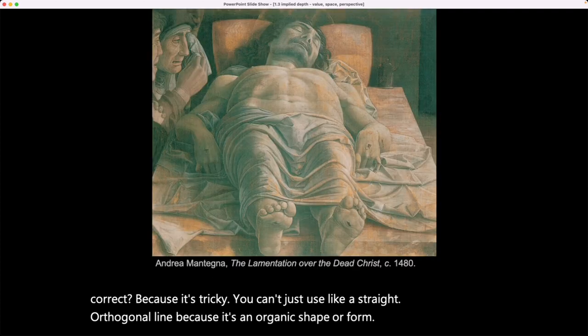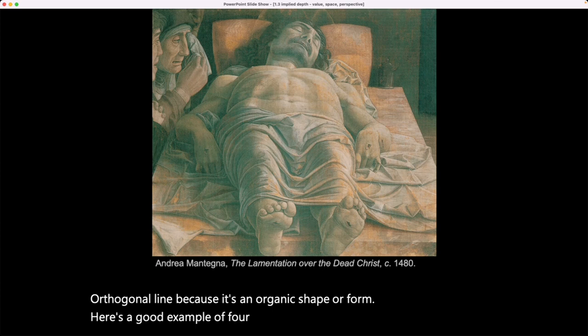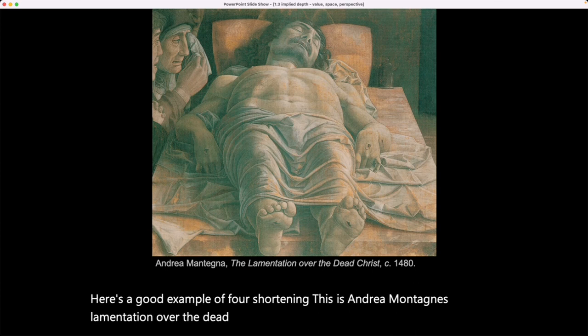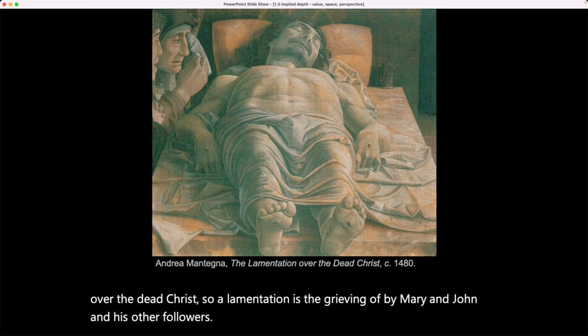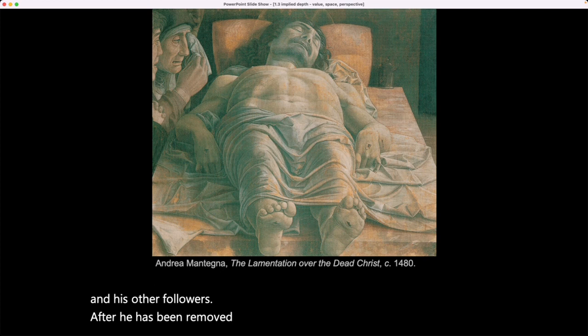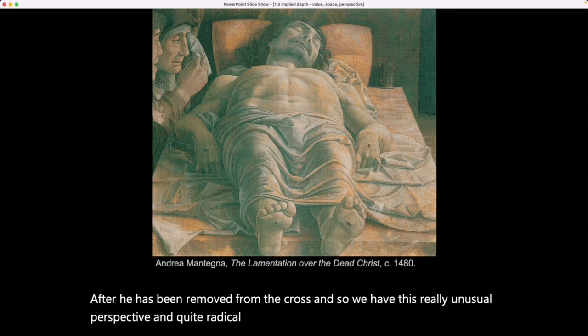Here's a good example of foreshortening. This is Andrea Mantegna's Lamentation over the Dead Christ. So a lamentation is the grieving of Christ by Mary and John and his other followers after he has been removed from the cross. And so we have this really unusual perspective and quite radical foreshortening.